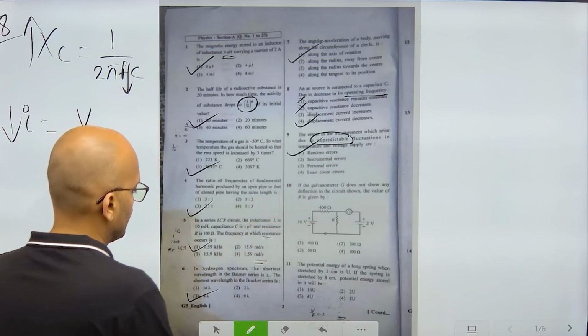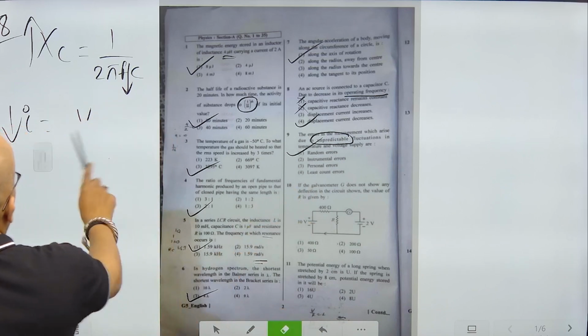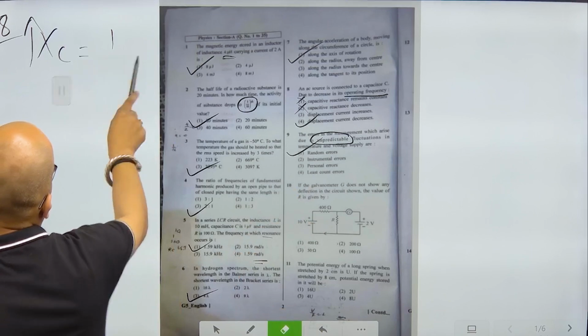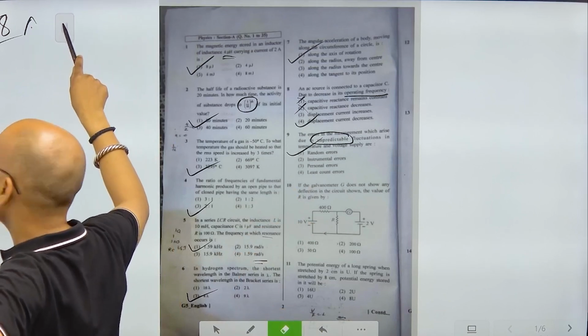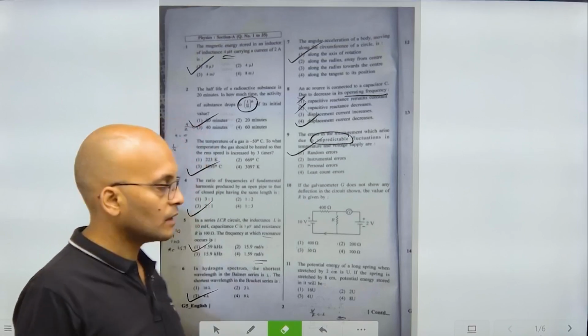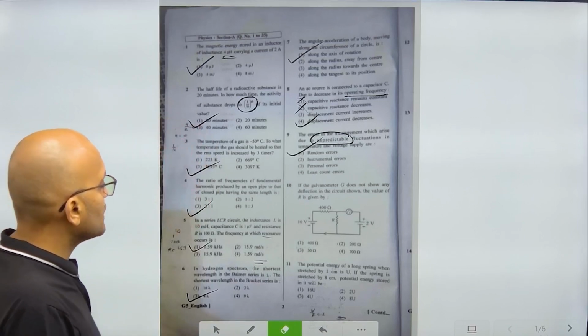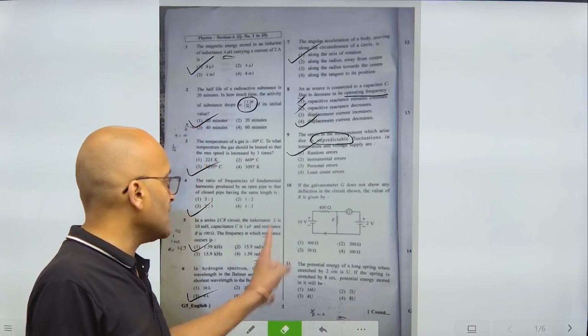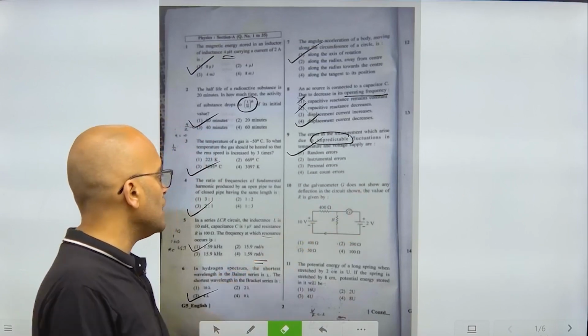Next question. It is saying that if the galvanometer does not show any deflection in the circuit, then the value of R is given by.